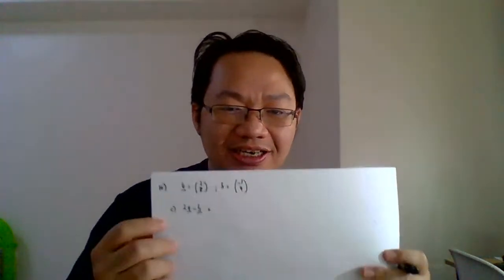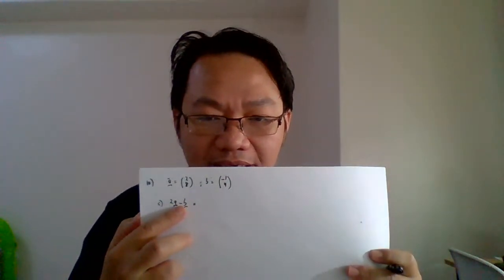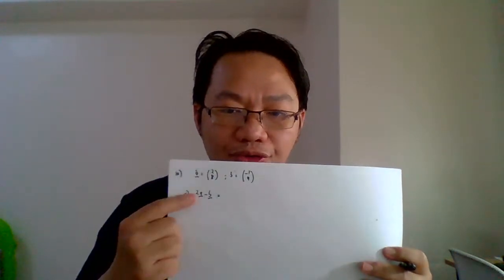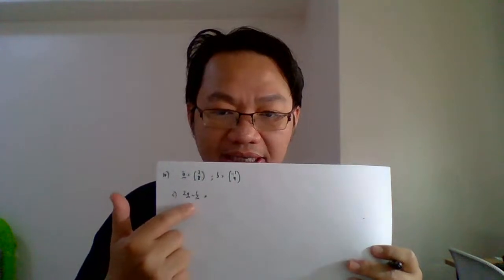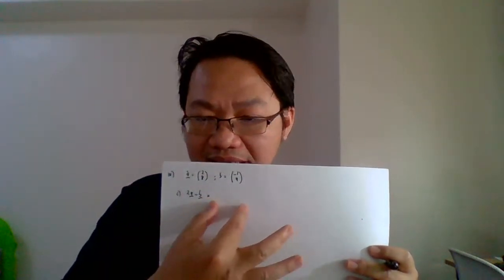Question A, find the vector of 2A minus B. Easy as ABC. So how do we solve the problem? 2A means 2 times the vector A, minus B. This is the vector, just write it down.